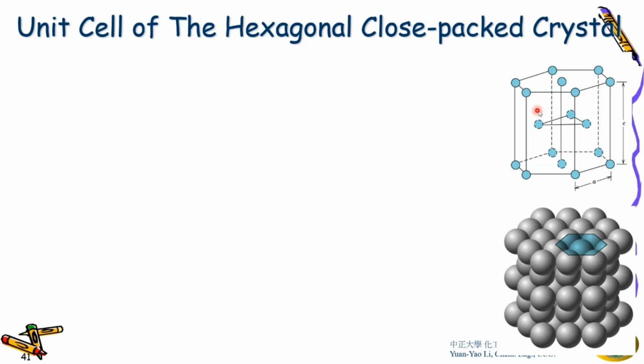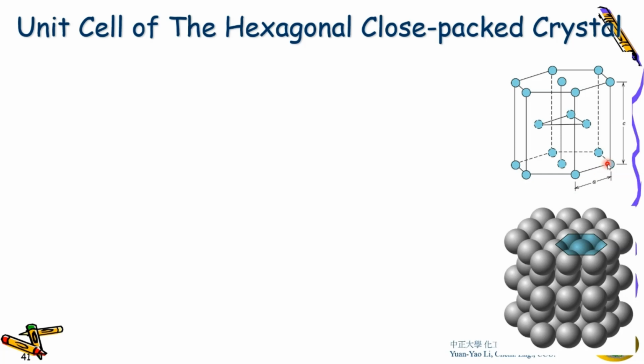Right. So a hexagonal close-packed crystal looks like this. You have 12 atoms in the 12 corners.